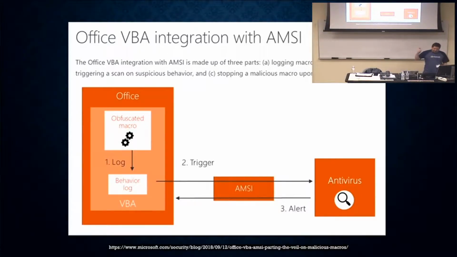Let's say that was something being fed through a document. This is kind of shifting gears a little bit. It's not from a command line. I actually opened up something that was an obfuscation within an attachment. Well, number one, I'm going to log that I had the macro and I had this code in its yucky form. VBA is going to do a trigger through AMSI, which antivirus is going to scan. And again, this used to be us only in Defender, but we've opened that up. AMSI is available to some other participating partners.